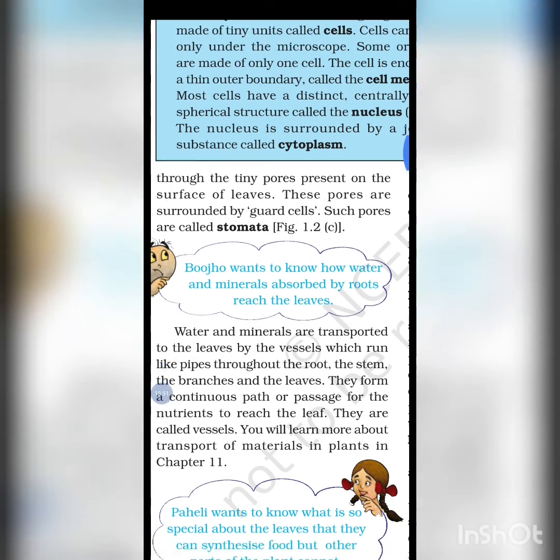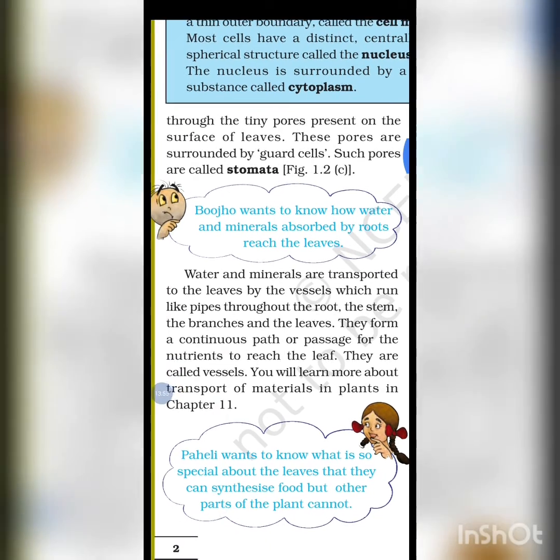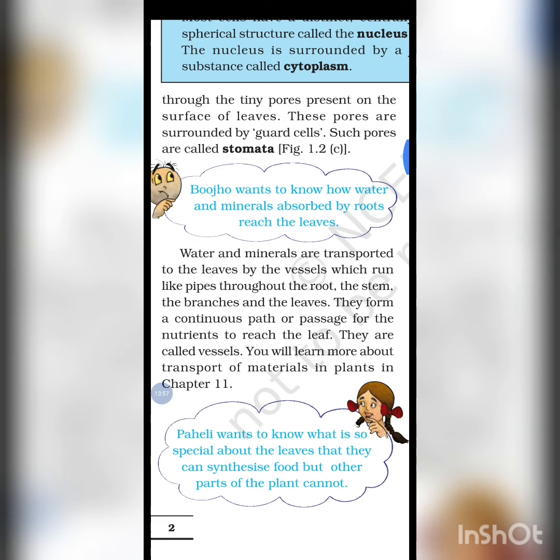Now let's read the answer. Water and minerals are transported to the leaves by the vessels which run like pipes throughout the root, the stem, the branches and the leaves. They form a continuous path or passage for the nutrients to reach the leaf. They are called vessels.